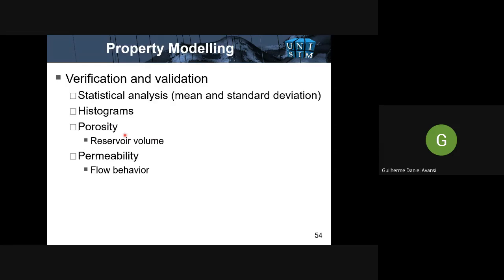With this information, we can also compare the volume before and after an upscaling procedure, for example. And permeability is not a static one, it's a dynamic one. So we need to check the flow behavior. Just to be careful, when I'm talking about porosity, this is different than permeability. Okay, we need to validate and verify this information.